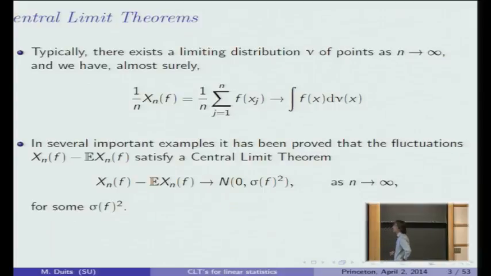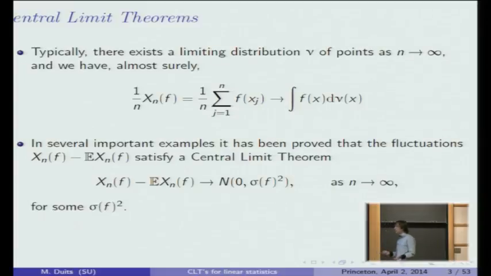In several important examples, and I will show you 2 of them before I go to the models I want to discuss, you have the following central limit theorem: if you center the linear statistic, it converges without normalization to a normally distributed random variable, with some variance sigma f squared, as n goes to infinity.